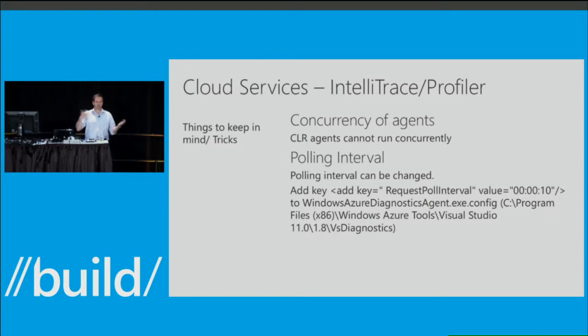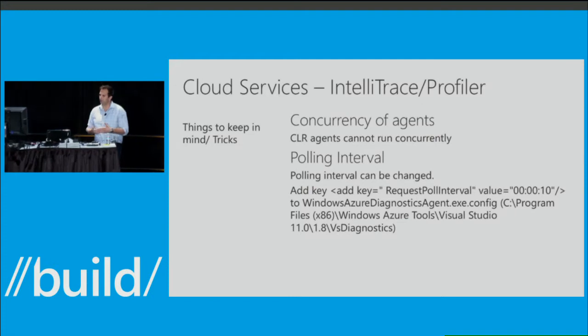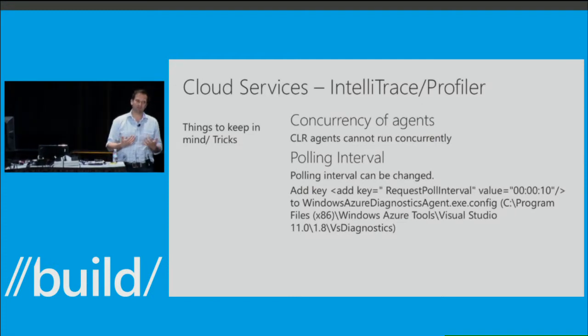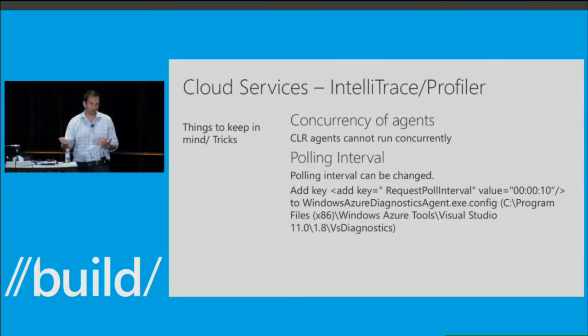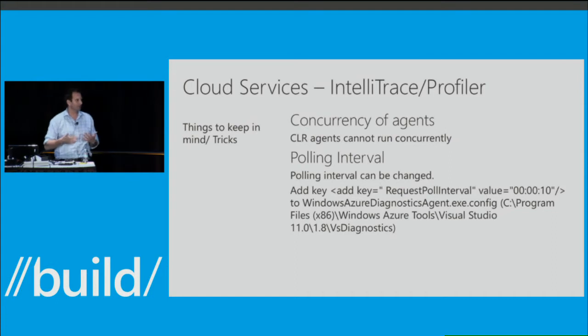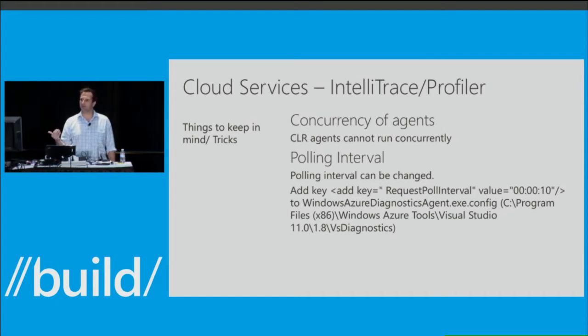Let's say a profiler is already enabled. Right now in Visual Studio, we have no way of detecting that. So if you turn it on, we would package it, enable it, and publish it to Azure, and then it would crash, right? Because you cannot have two at the same time. It's just something to keep in mind if you use those tools and you want to enable IntelliTrace or profiling in addition to it.